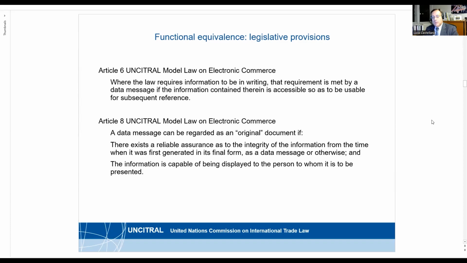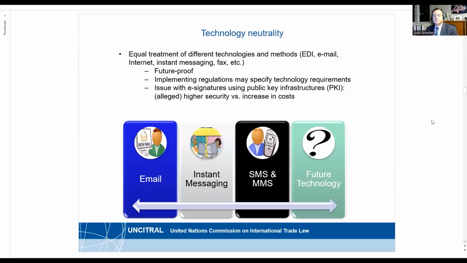So you see it here, Article 8 of the Model Law on Electronic Commerce. When we want to satisfy the form requirement of original, we need to have a reliable assurance on the integrity of the information from the time it was first generated in its final form. So this is additional, and it's not included in the notion of writing.